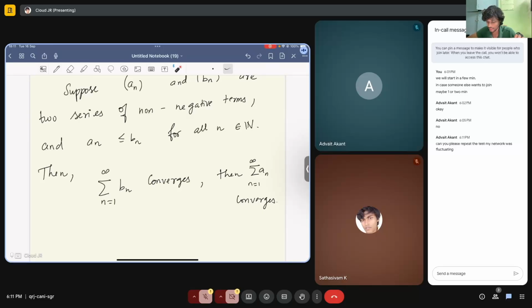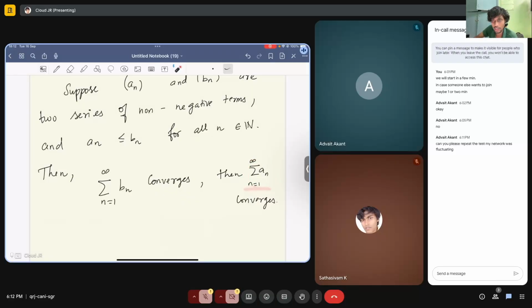Okay, so what I was saying is that the non-negative condition is actually important, because if you don't have it, then even if bn converges, that does not mean an converges, because an can diverge to minus infinity. The non-negative condition tells you that the series is bounded below by 0.